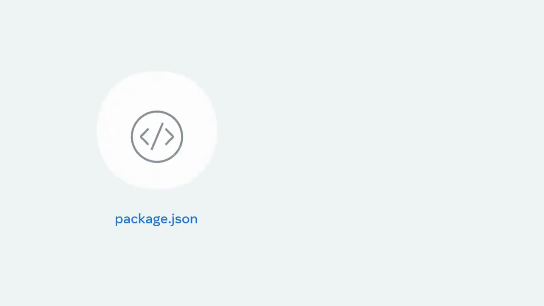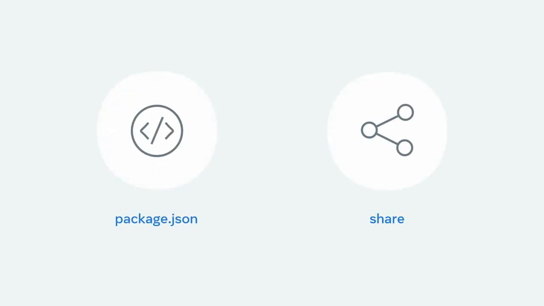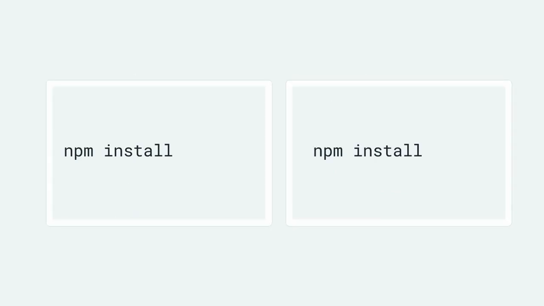For example, if you have built a project with a specific number of different node packages, they are all listed inside the package.json file. All you need to do is share this file with, for example, your coworkers. They can have the exact same setup on their machines, simply by running the command npm install.